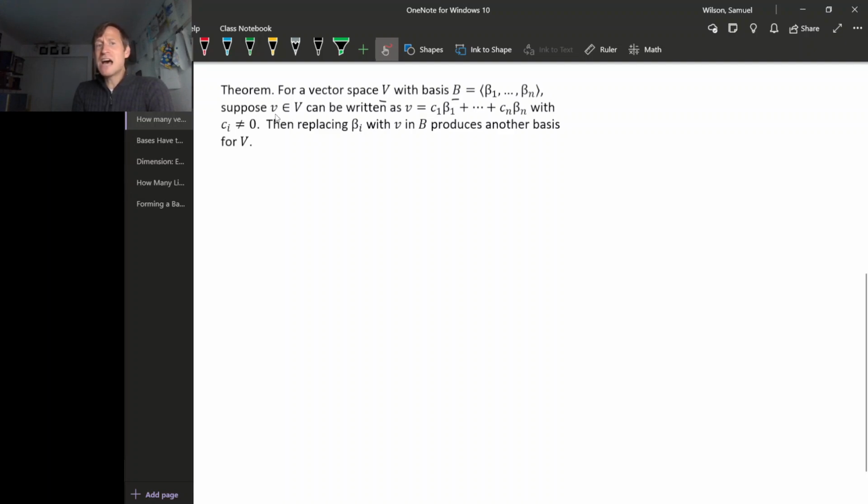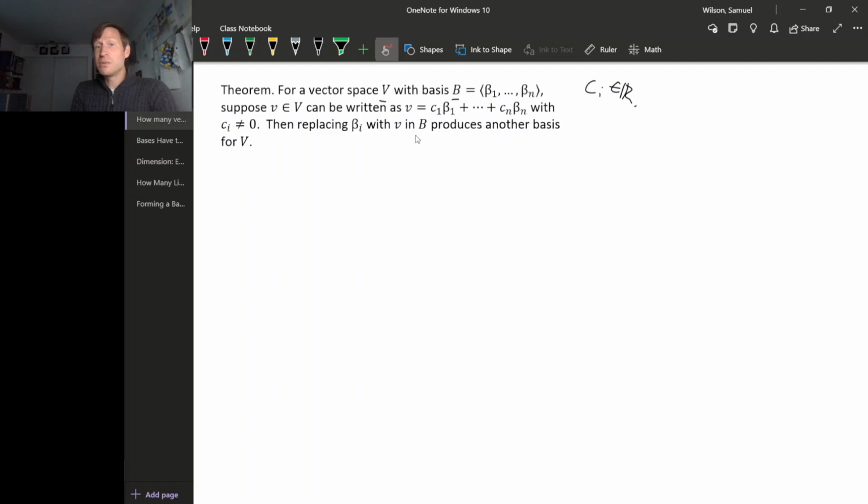And let's suppose we have a vector in V that we can write as a linear combination of the basis vectors in this way: c1 beta 1 up through cn beta n. So these c's are scalars, right? These are just constants. And let's suppose that the ith scalar multiple c is not 0.